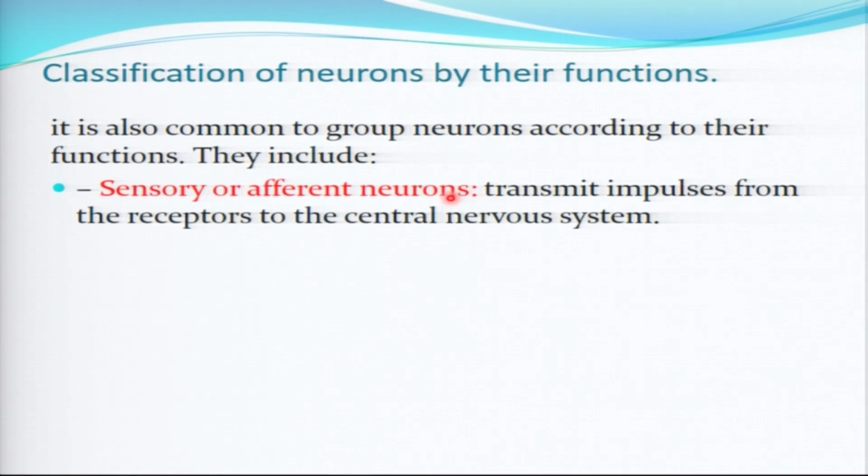For example, remember, when you want to look at an object, there is light that comes from the object. That light is going to be received by receptors called photoreceptors, found on the retina.